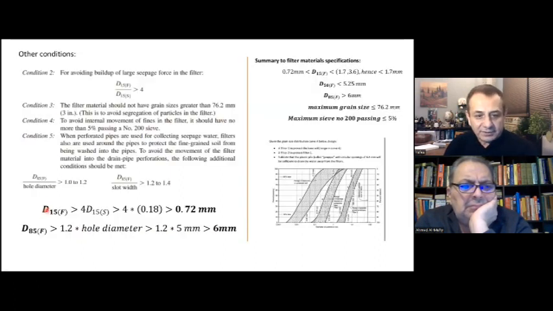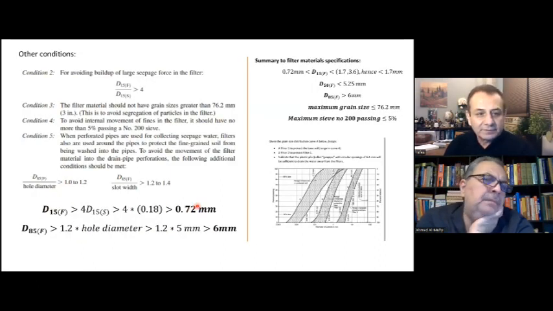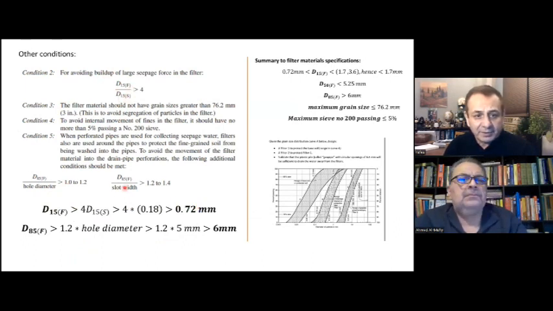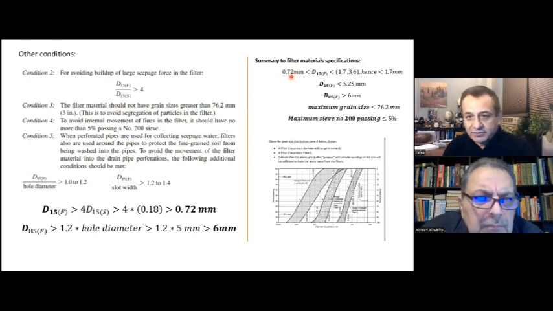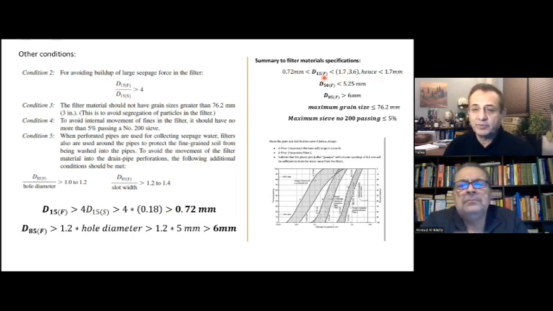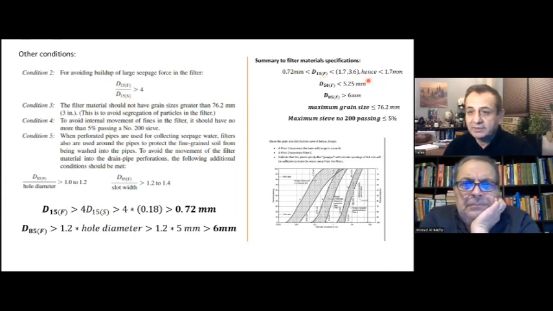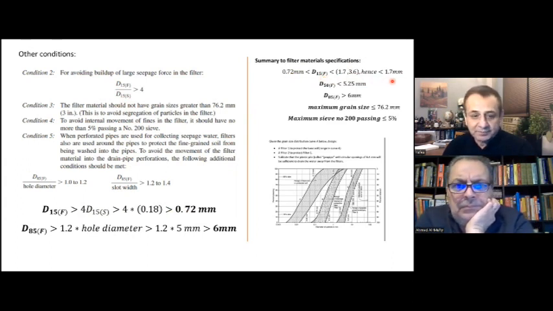Other conditions: D15F for avoiding build-up. Also, we get 0.72. So D15F has three values. It should be greater than 0.72 here in the summary, and less than 1.7 or 3.6. Of course, the 1.7 will govern. So D15 filter should be between 0.72 millimeters and 1.7 millimeter.